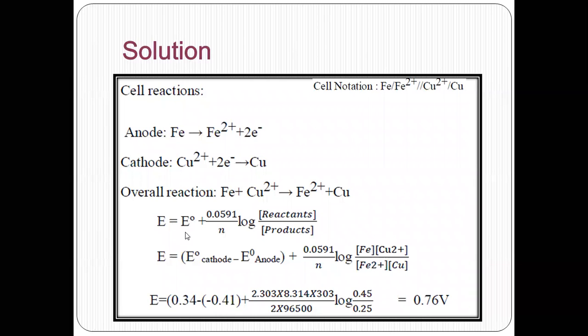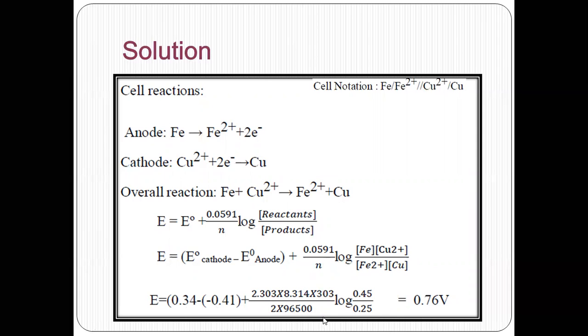E naught is simply the EMF formula, E cathode minus E anode. So with that, plus 0.0591 divided by n log of the product, Fe2+, and Cu2+ the reactant, should be written here. Then substitute the values: 0.34 minus 0.41 plus 2.303.